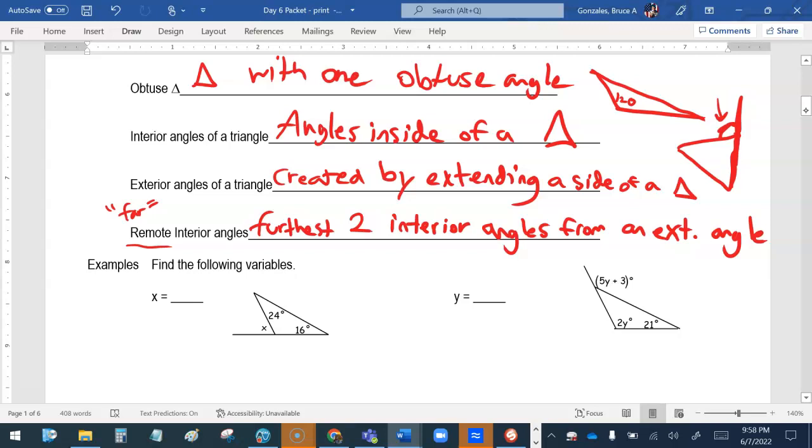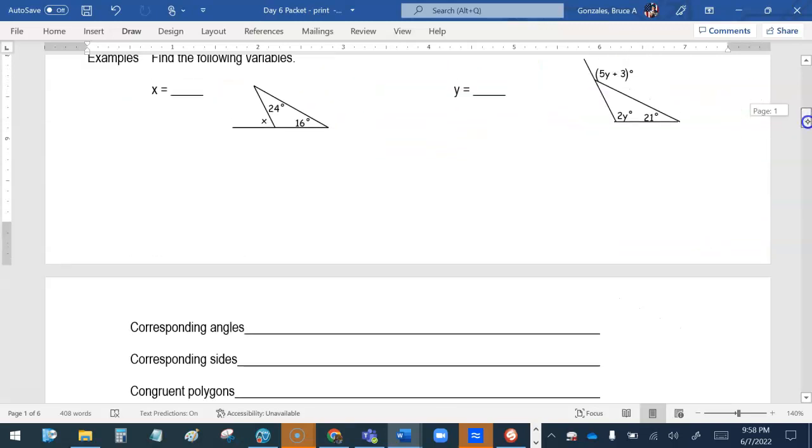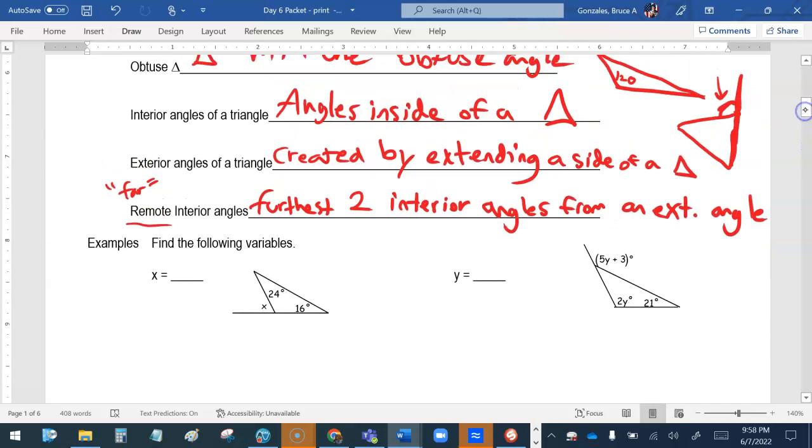All right, now, exterior angles. There's a theorem we know about exterior angles. So write this down right here.